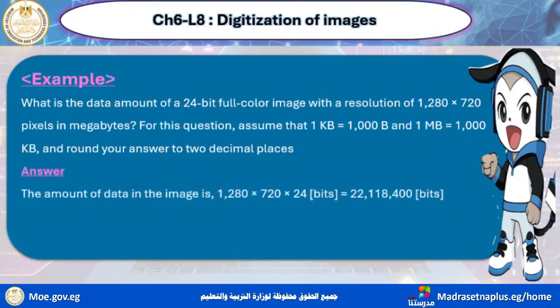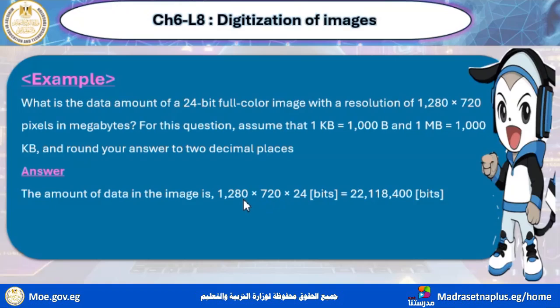Let's see how we can calculate. First, the amount of data is 1280 multiplied by 720 multiplied by 24. So the result will be 22,118,400 bits, because we multiply by 24 bits, and we calculate by pixel, and the pixel is represented in bits too.